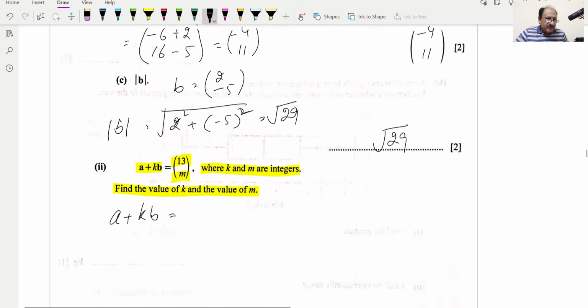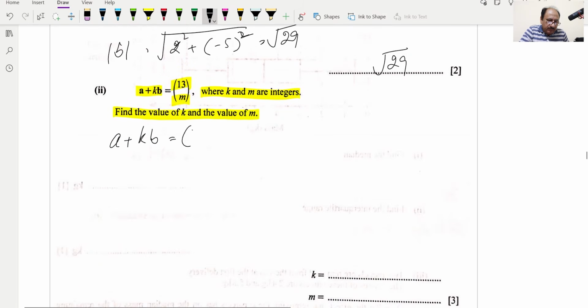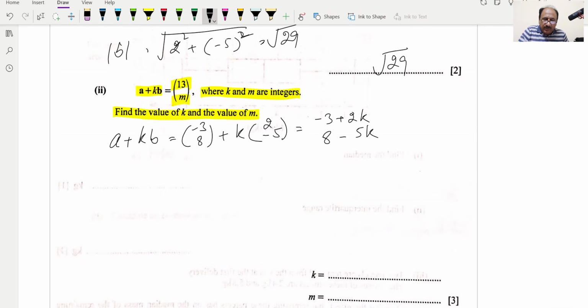A is minus 3 over 8, so we'll write here minus 3 and 8, plus k, and b value is 2 and minus 5. Now this is equal to, we can add, minus 3 plus 2k, and 8 minus 5k, and we can compare it with this one.